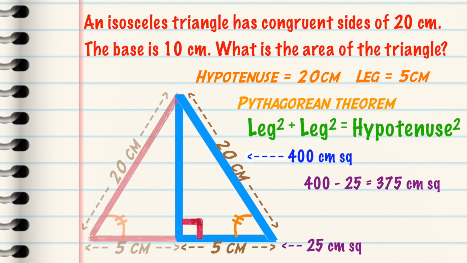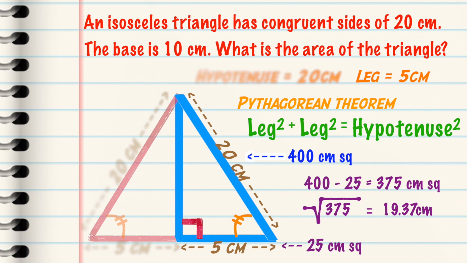Now, to find the length of this other leg of the right-angled triangle, we can take the square root of 375 centimeters squared. So, the length of the other leg of the right-angled triangle, or the height of this isosceles triangle, is 19.37 centimeters.